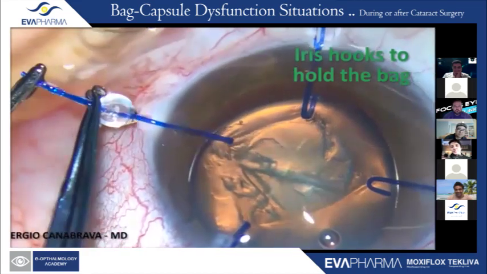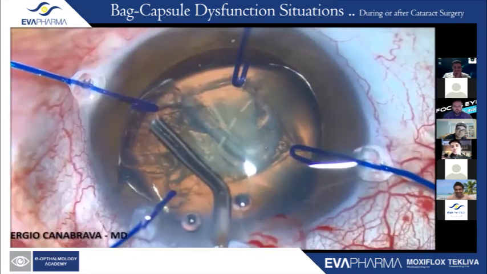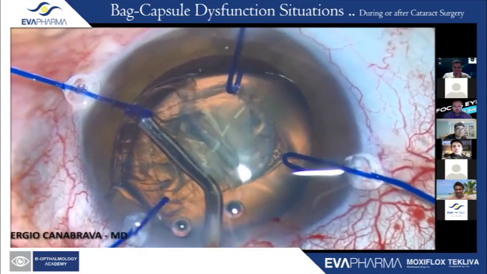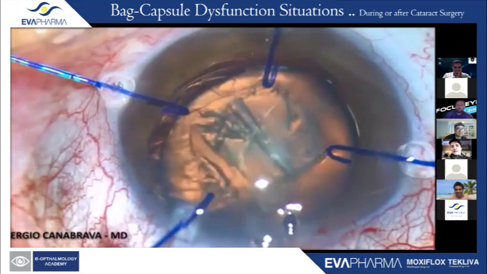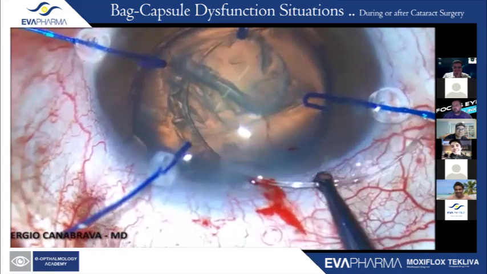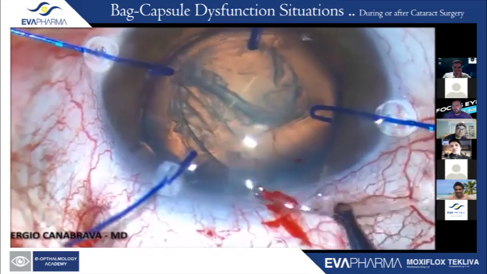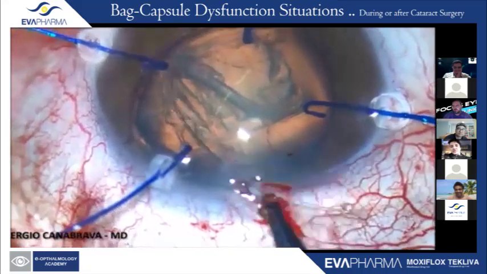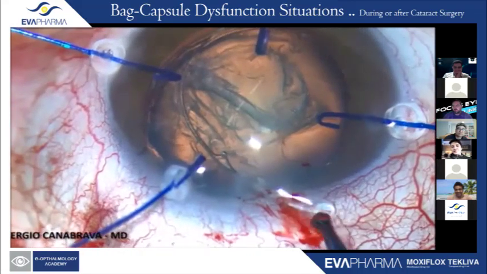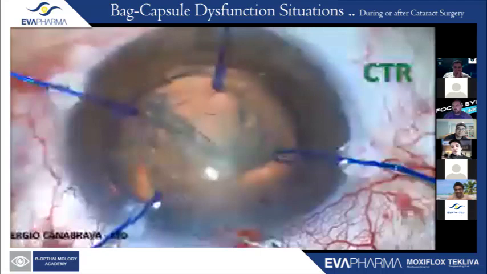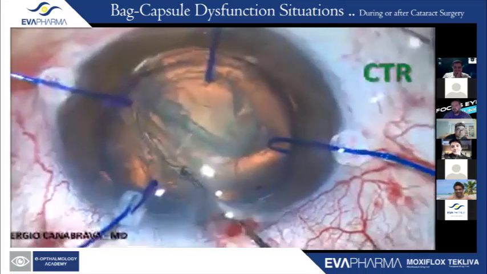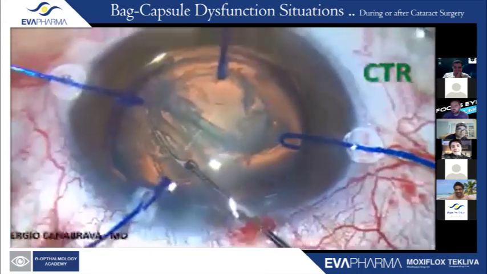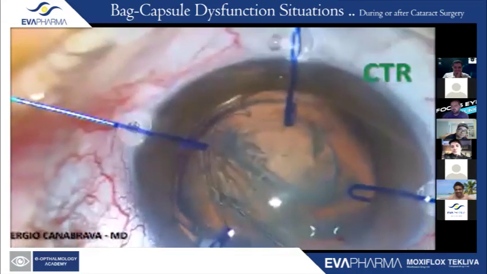And I like to insert visco to create a space, so the CTR goes in slowly. And I don't like to use an injector to inject the CTR. I go with a simple screw in the last eyelet of the CTR, and insert it inside the eye, inside the bag, so slowly.